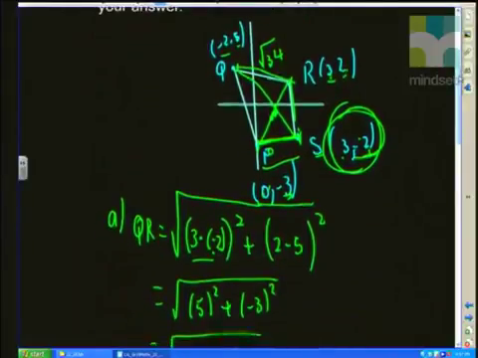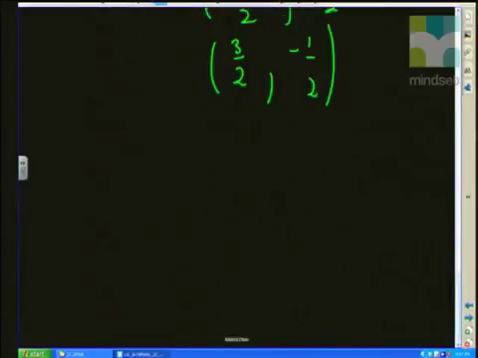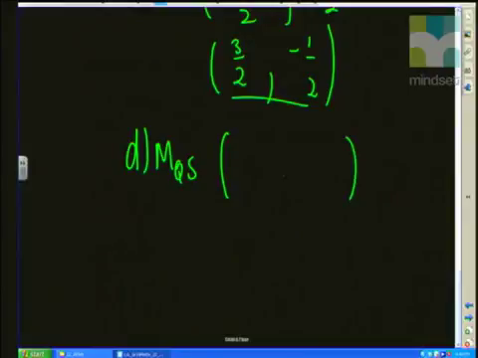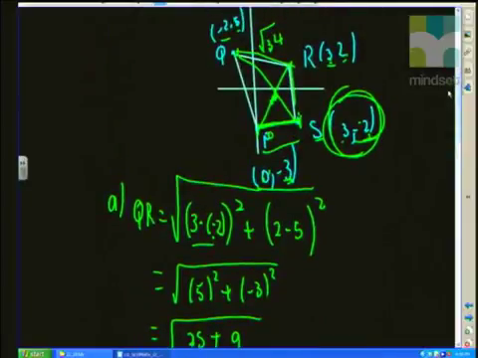All right. So all I'm going to do is work out the midpoint of QS. And obviously, if that's not the same as the one we've just worked out here, then this is not a parallelogram. Okay, so QS, I'm going to say minus 2 plus 3.